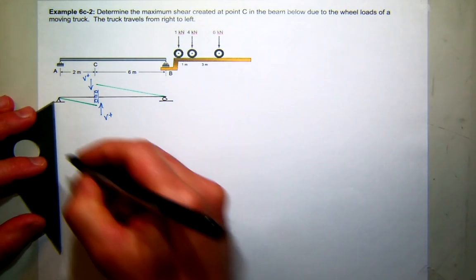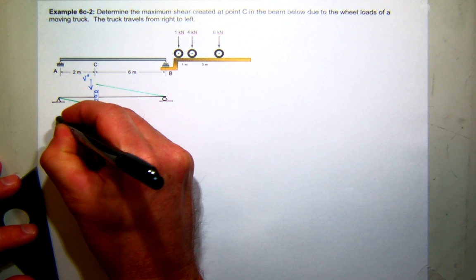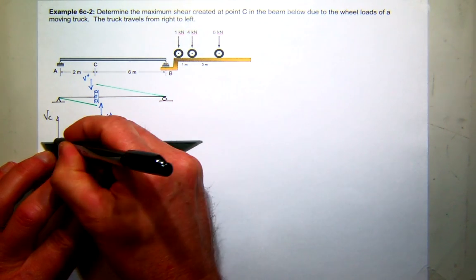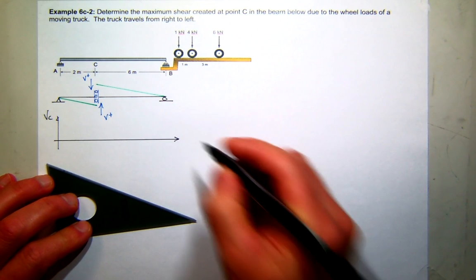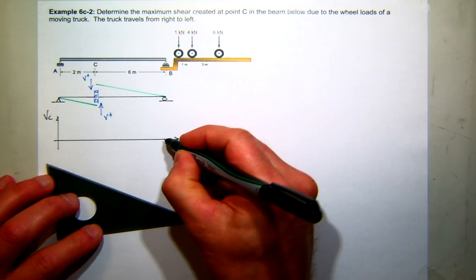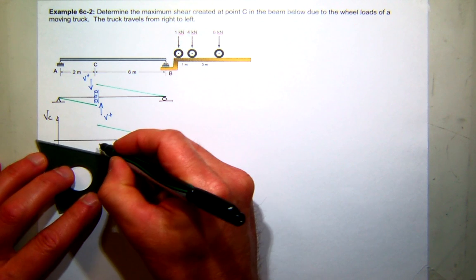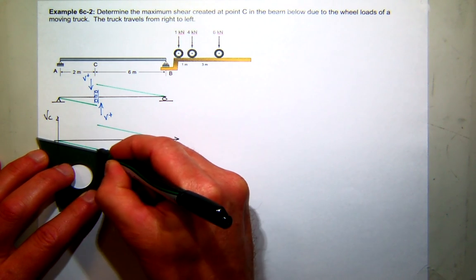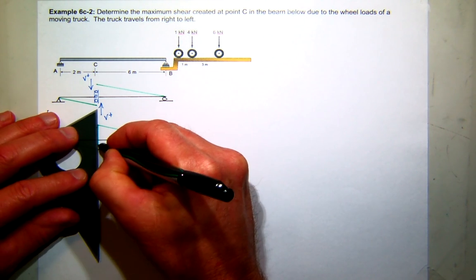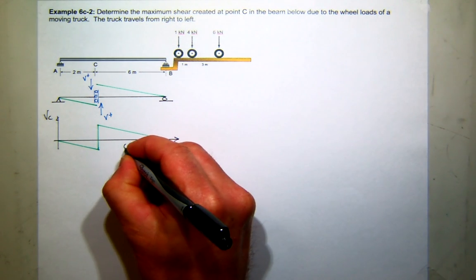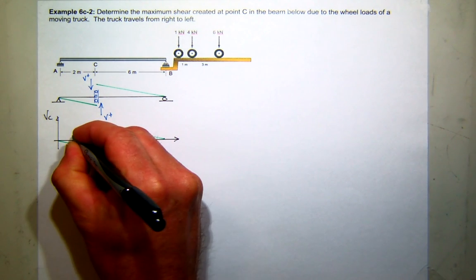So if I transfer that down, I should be able to draw the influence line, looks something like that. This will be 6 meters and this will be 2 meters.